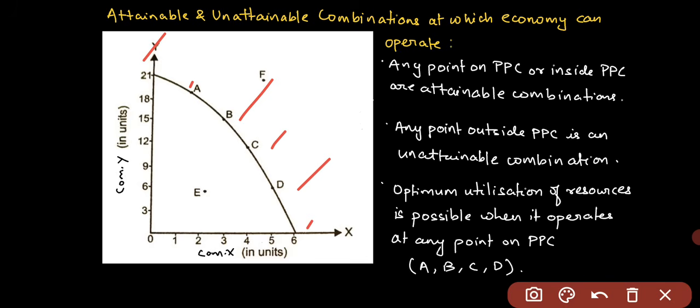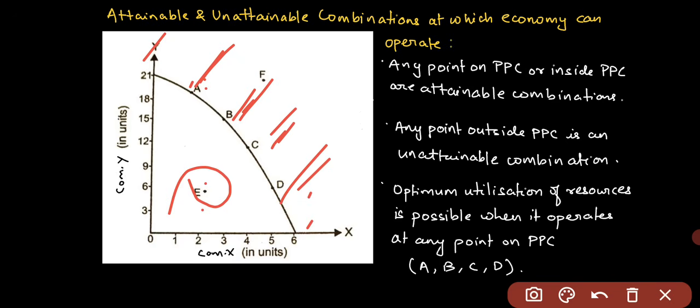When we are producing at these points, there is full and efficient use of resources. And when we produce at this point E, no doubt it is an attainable combination, but we are not efficiently using our resources. There is less use of resources. There is no optimum utilization of resources here. Optimum utilization is possible only at these points A, B, C, D.